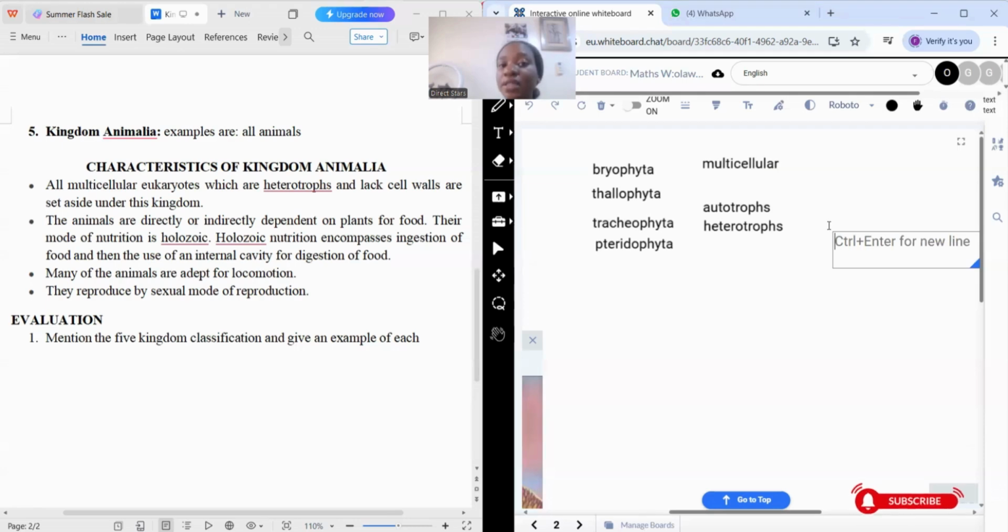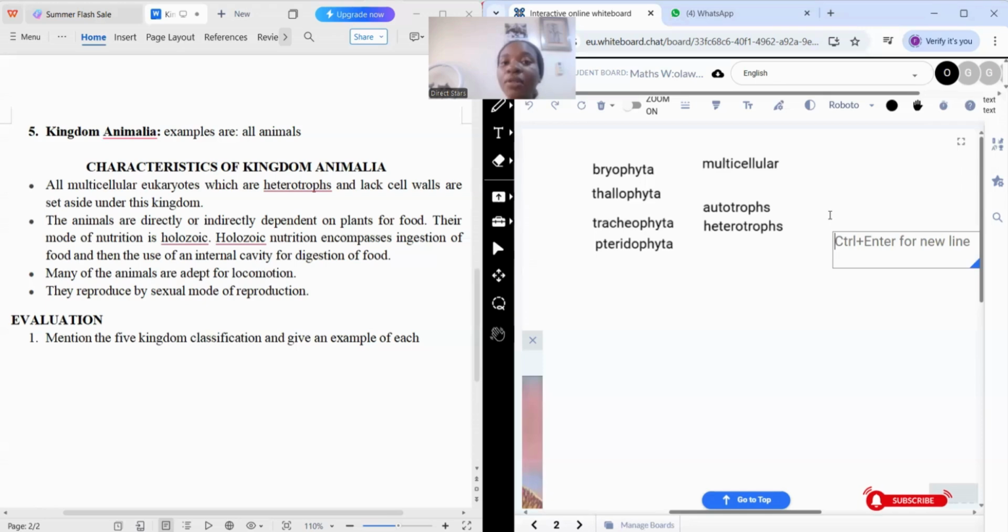And when you take a look at our cells, the eukaryotic cells, yes, all multicellular animals, all organisms under the kingdom Animalia, possess eukaryotic cells because we have a nucleus in our cells that houses our genes and DNA and everything that has to do with the passing on of characteristics and traits.